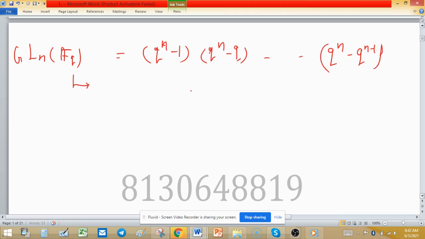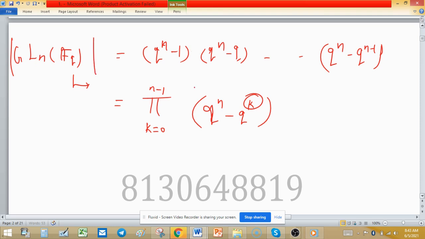Here there is nothing in the denominator. You can write it in compact form using the product symbol, k running from 0 to n − 1, of (q^n − q^k). Here the power n is fixed and the running power is k. So the order of GL_n(F_q) is this.